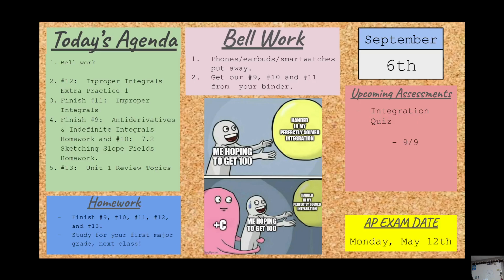Because I won't on the quiz say question 1, do this by integration by parts. Question 2, do this by partial fractions. It'll just say integrate, and you have to think about which one to do. Now, if you pick the wrong way, you're probably just going to get stuck real hard and realize that maybe you need a different approach.